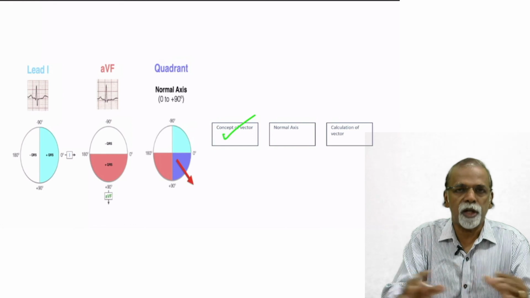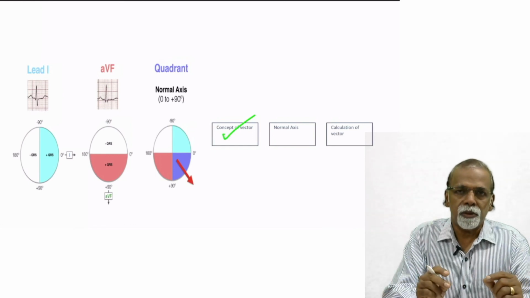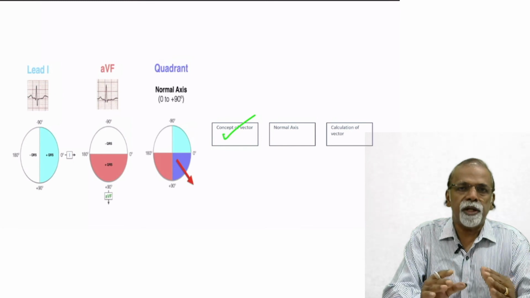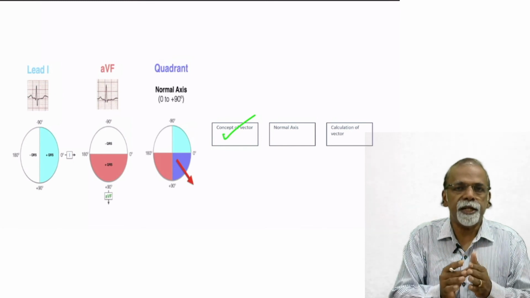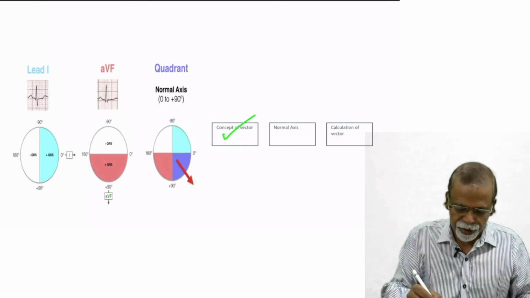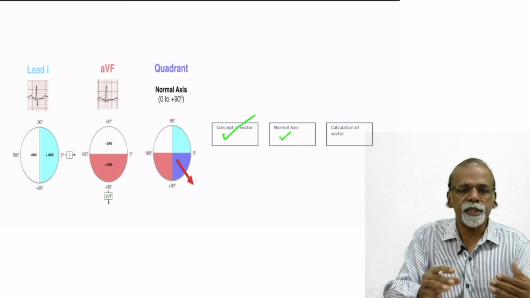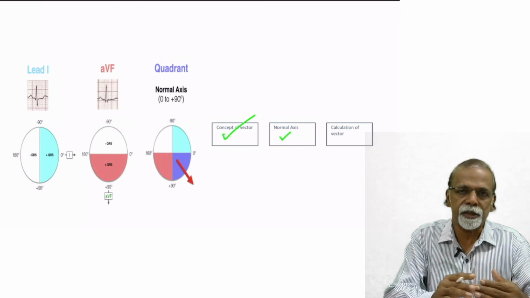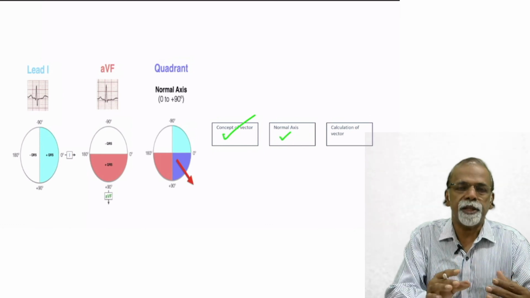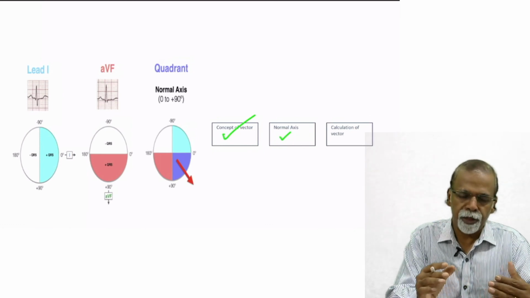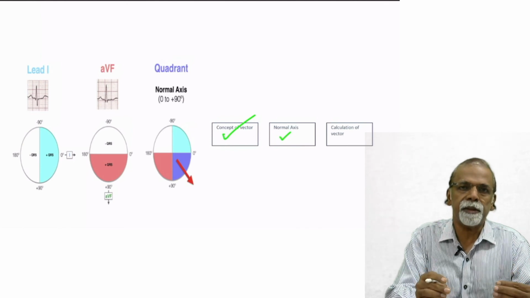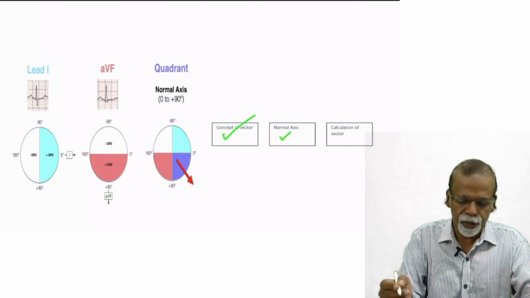The electrical force in lead 1 and AVF is conveniently taken, and from this you can calculate the normal axis. There are two ways of calculation: one is the equiphasic method and another is the quadrant method. There are other methods by which we can exactly calculate. That is beyond the scope of this lecture.